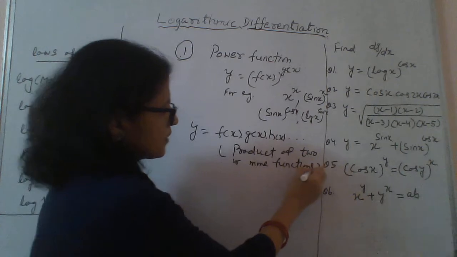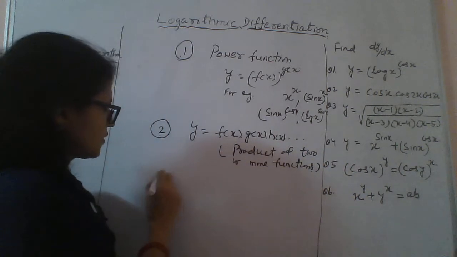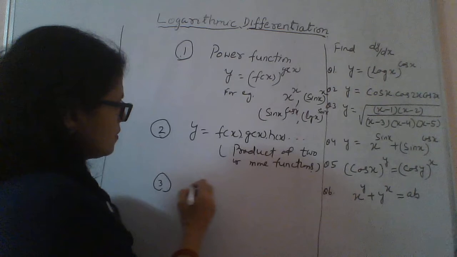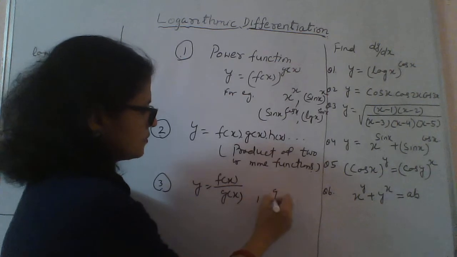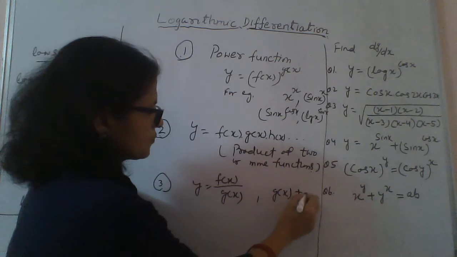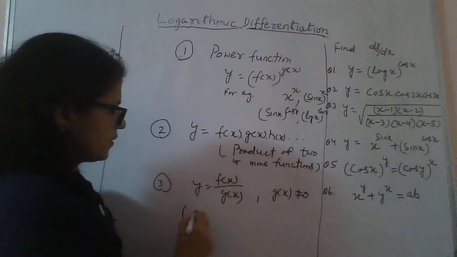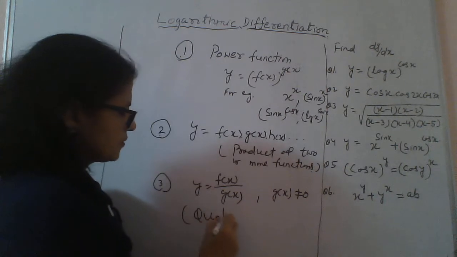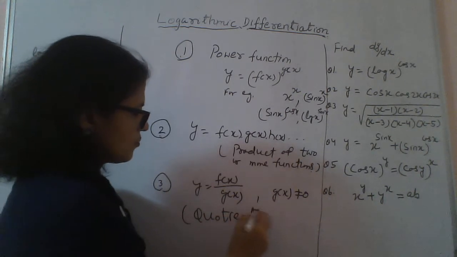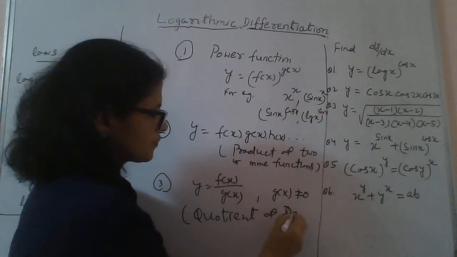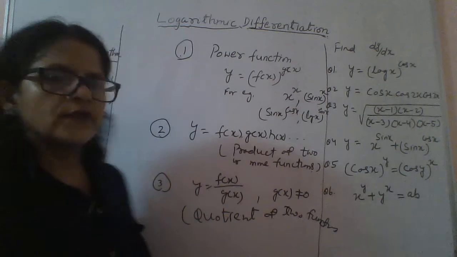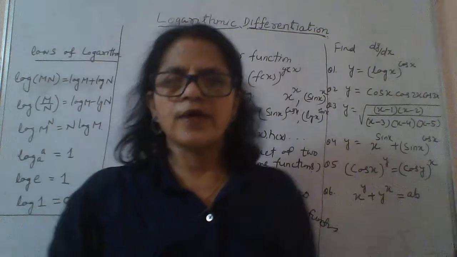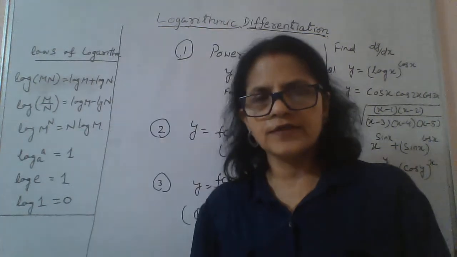This is the case where you can use it. The third case is y equal to f(x) by g(x), with g(x) not equal to 0, which means a quotient of two functions. So these are the three cases where you can apply logarithmic differentiation.